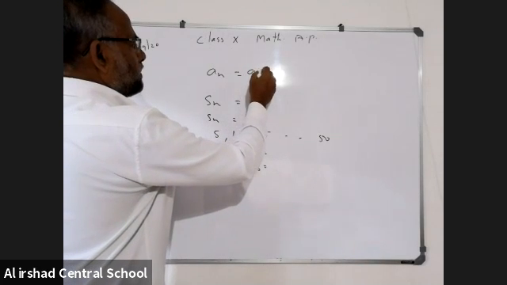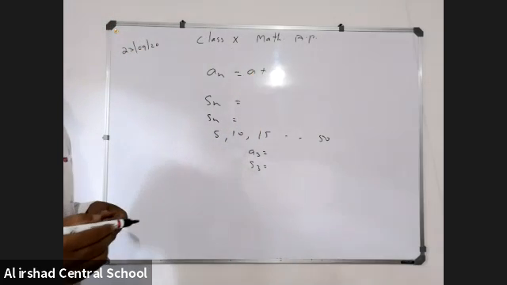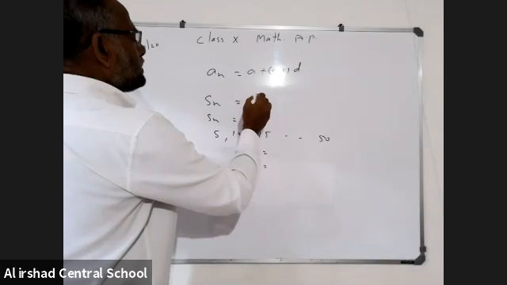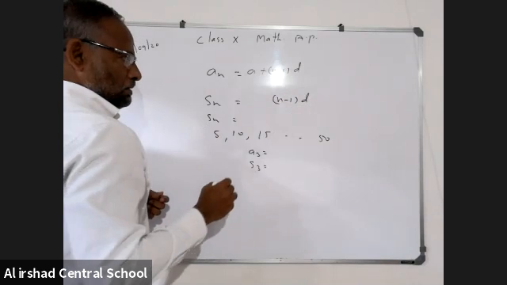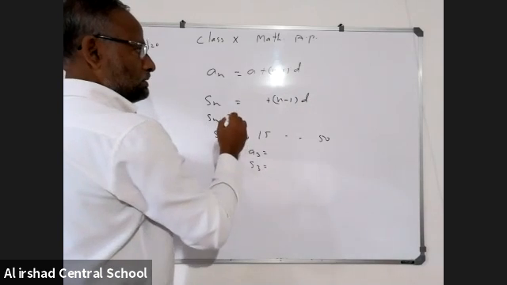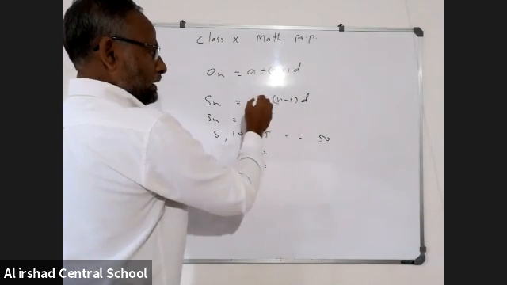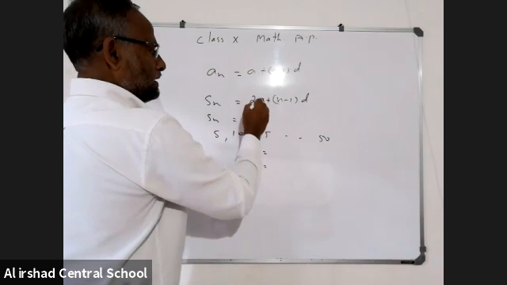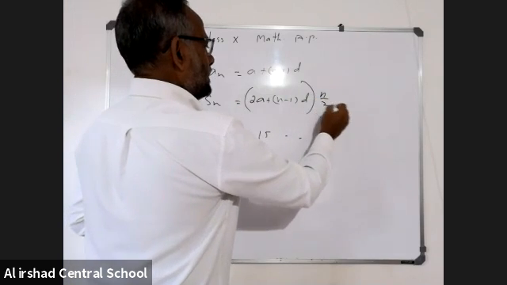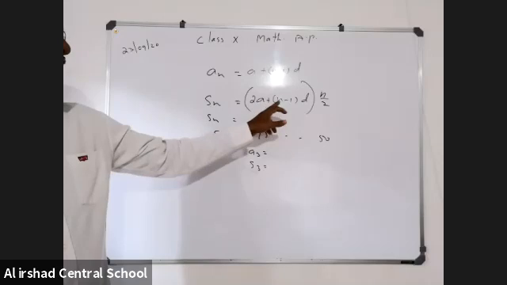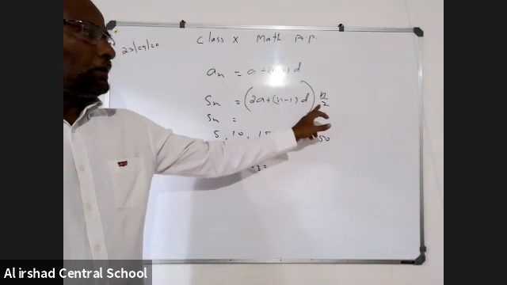An is equal to A plus (n minus 1) into D. Sn is equal to A plus (n minus 1) into D, then plus A, which makes 2A, into n by 2. So Sn is equal to n by 2 into (2A plus (n minus 1) into D). Am I right or not?